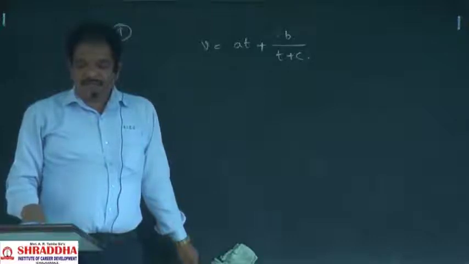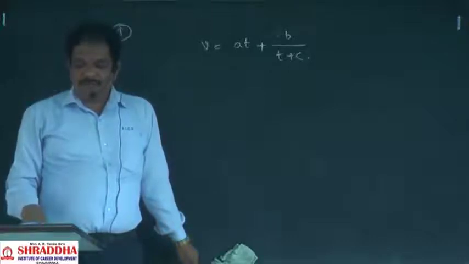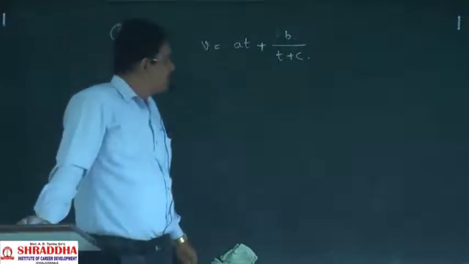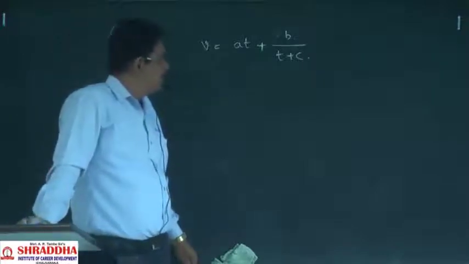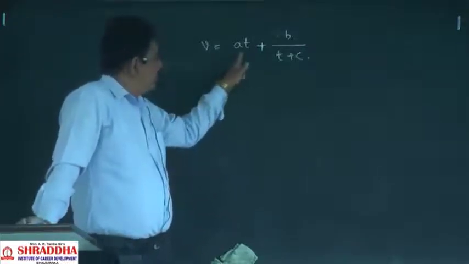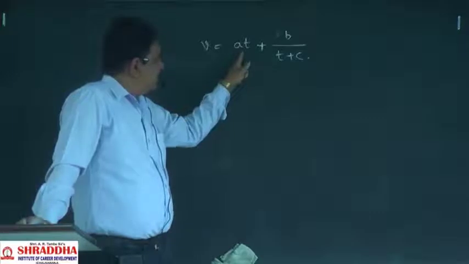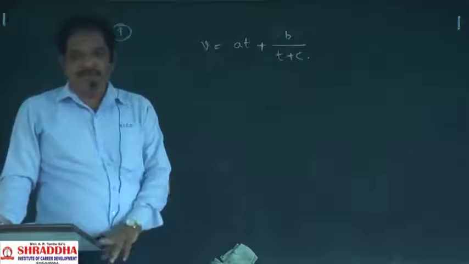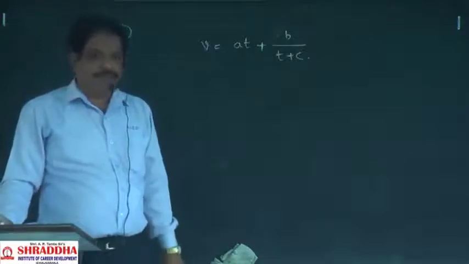The dimensions of a, b and c are respectively what? According to the principle of homogeneity, what will happen? The dimensional formula of V, and of b by t plus c, all will be the same.